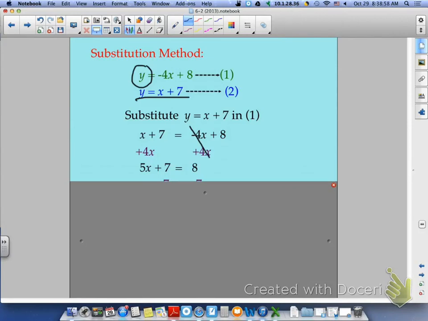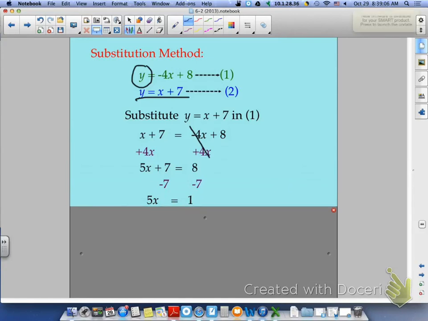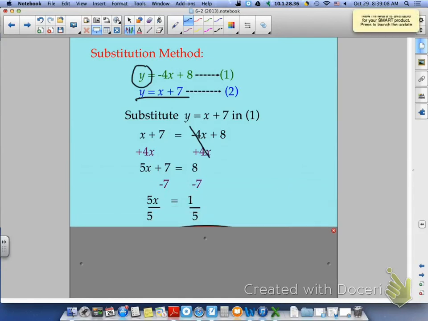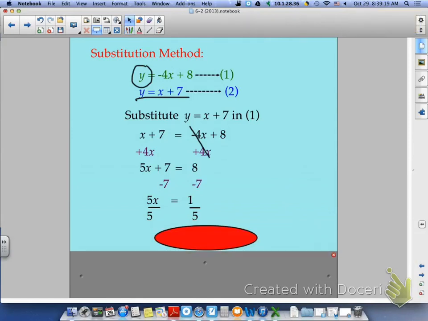Subtract 7 from both sides. And I get 5x equals 1, and then divide both sides by 5, and I get x equals 1/5.